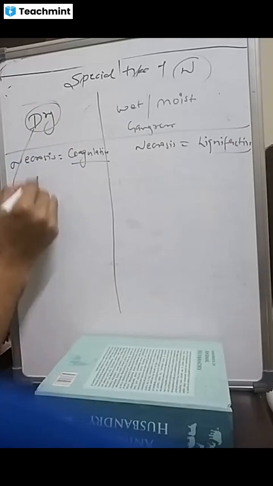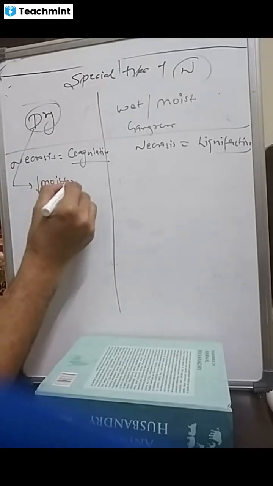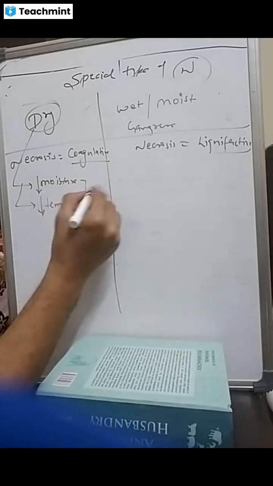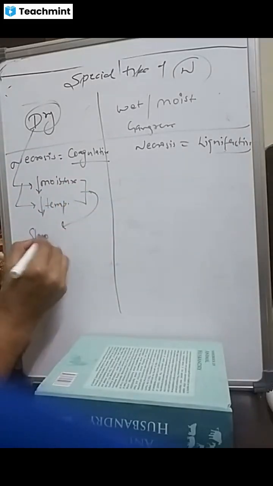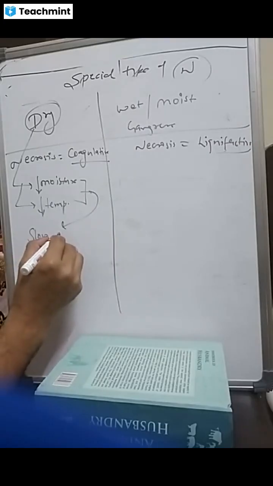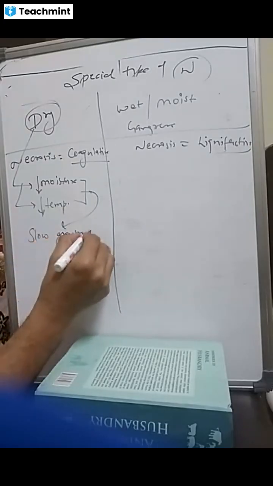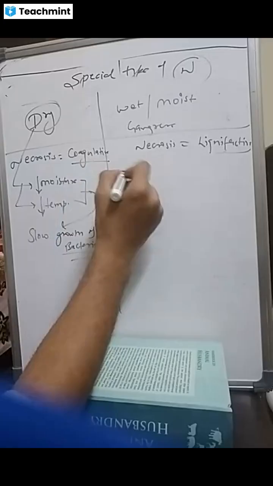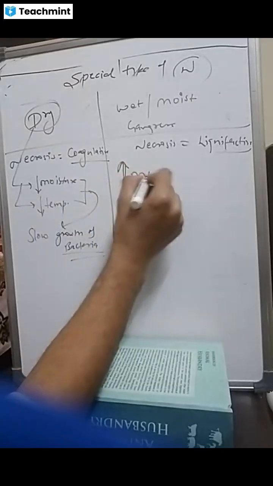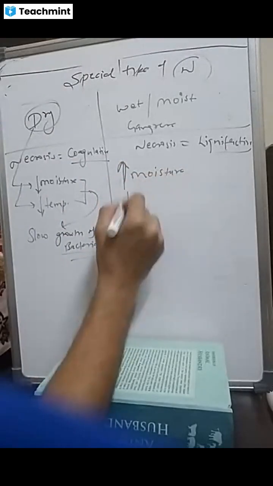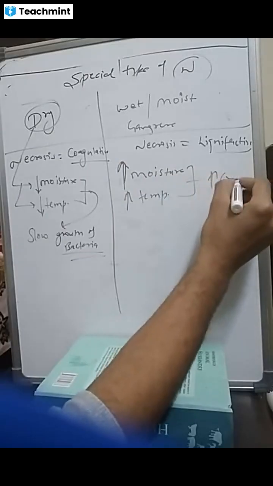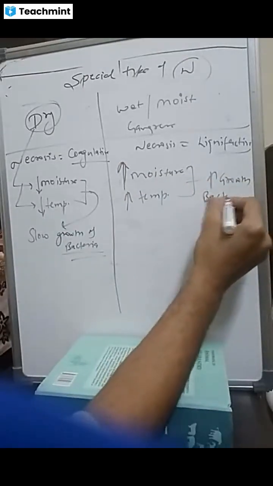Dry means there is less moisture, less temperature. Because of this, there is slow growth of bacteria; the invasion of bacteria will be slow. In wet, there is high moisture, high temperature, so high growth and multiplication of the bacteria.